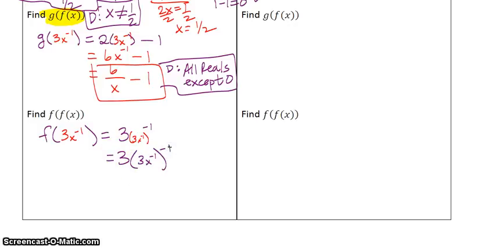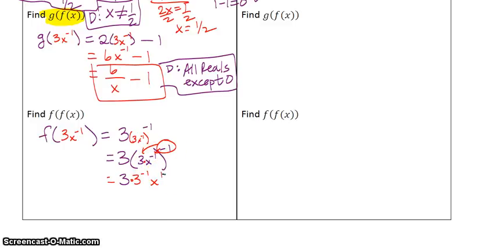Weird. Alright, so let me go through here. I have two things multiplied together in a parentheses. If it's multiplied in a parentheses, I can distribute the exponent. So right now I have 3 and then a 3 to the -1 power, and for my x, -1 times -1 is a +1.